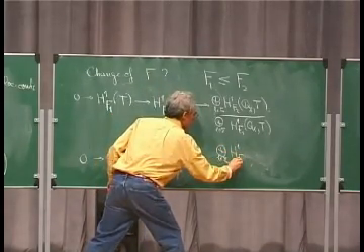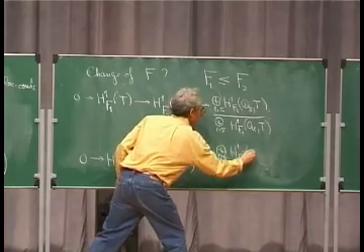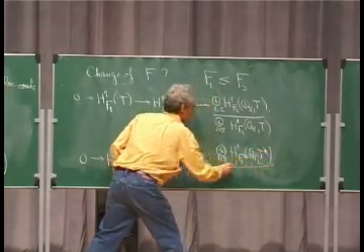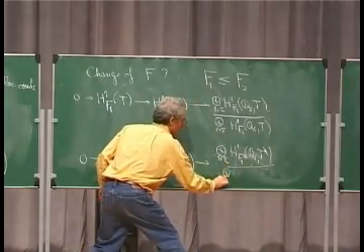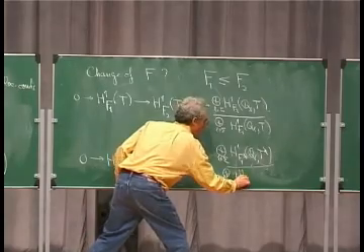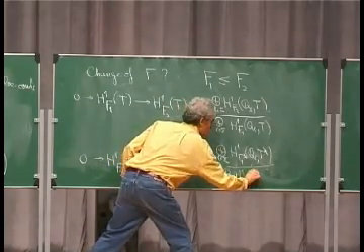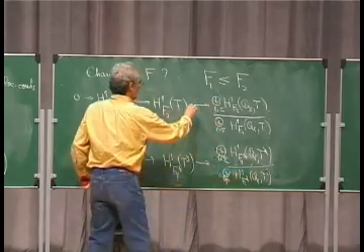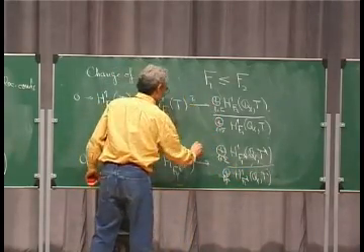H1_F1*(Q_L,T*) divided by the direct sum over L in sigma of H1_F2*(Q_L,T*). So I might call this I, and I might call this I*.